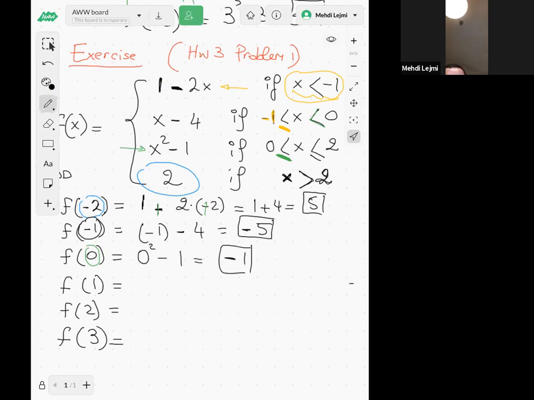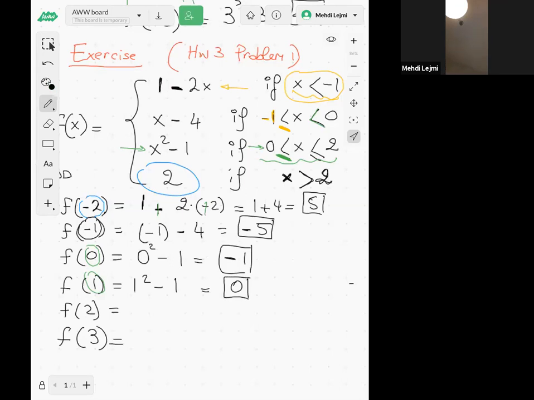Fourth, f of 1. My x is +1, and in the third condition, x is between 0 and 2. My x is 1, which is between 0 and 2, so this condition is satisfied. I'm allowed to use the third equation: 1 squared minus 1, and the answer is 0.